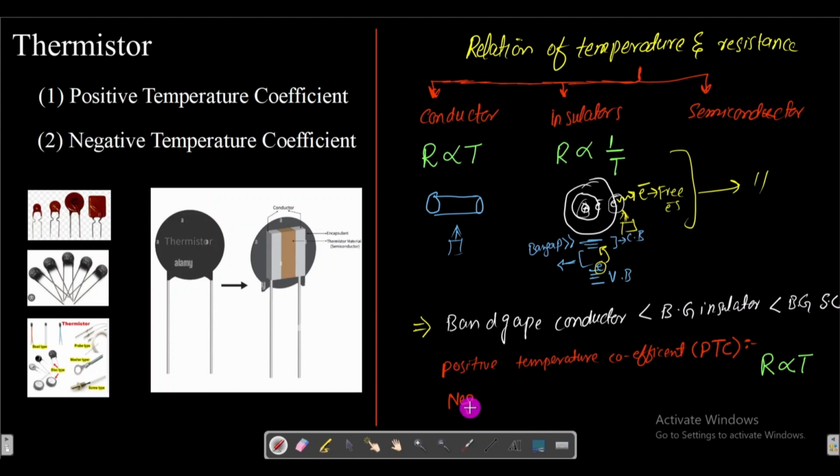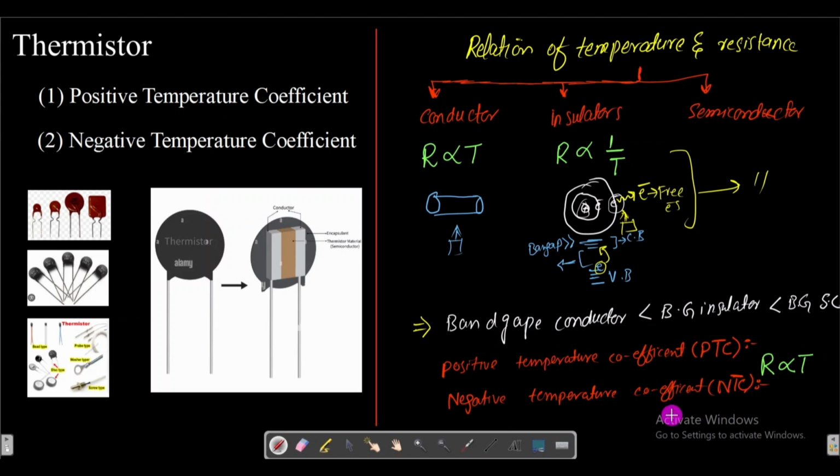Negative temperature coefficient. We call this NTC: N for negative, T for temperature, and C for coefficient.